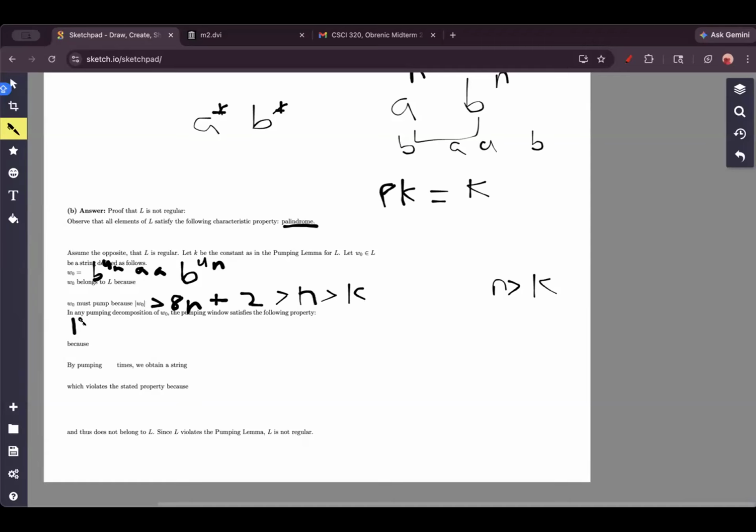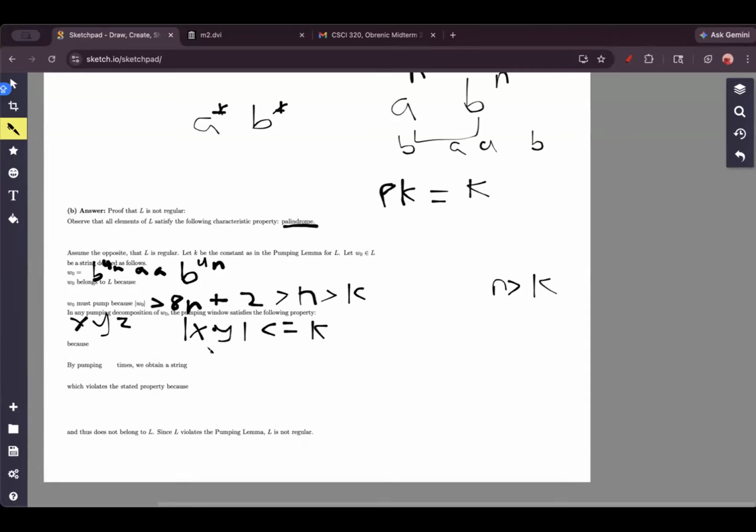When you decompose a regular one, you would have X, Y, and Z, and the pumping window is going to be X and Y. And that's going to be at most your pumping constant, less than or equal to K. So you constrict this so you do not pump this B as much as this B, since N is already bigger than K. If N is bigger than K and your pumping window is less than or equal to K, you cannot reach this B with this pumping window.